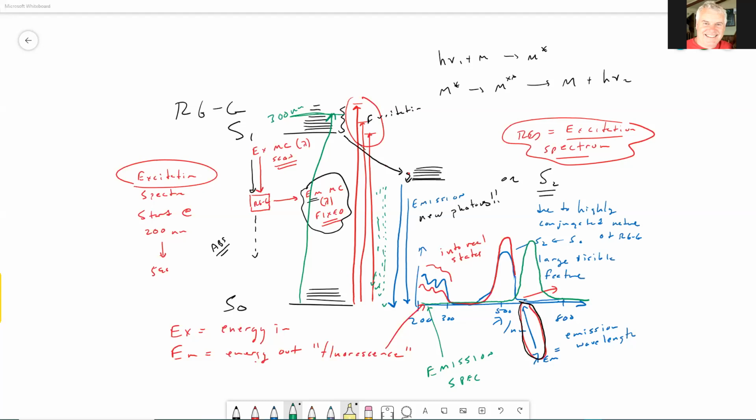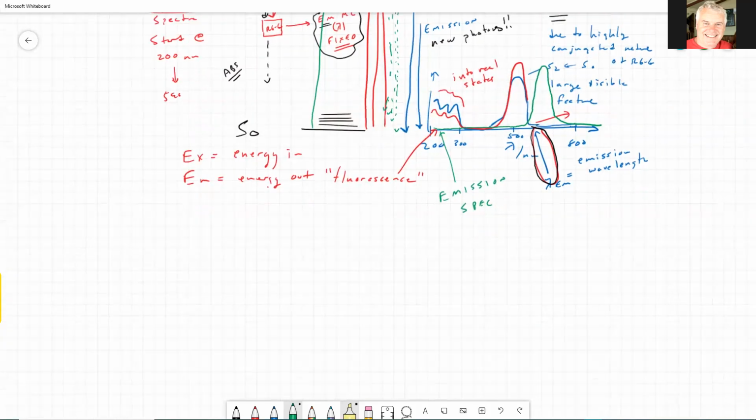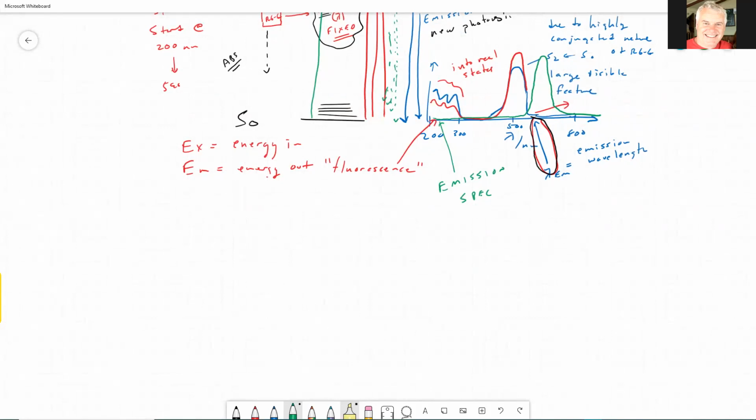So let's accept for the moment that there are three types of spectroscopy that we can do. There is absorption, where photon loss is the signal.